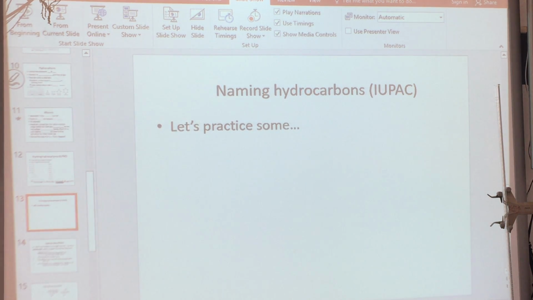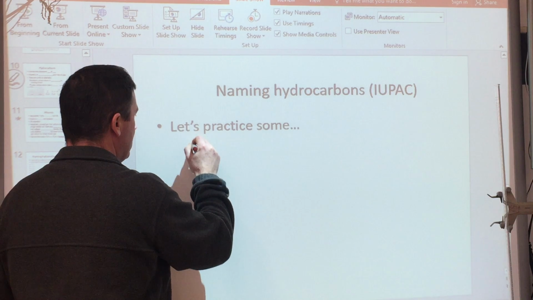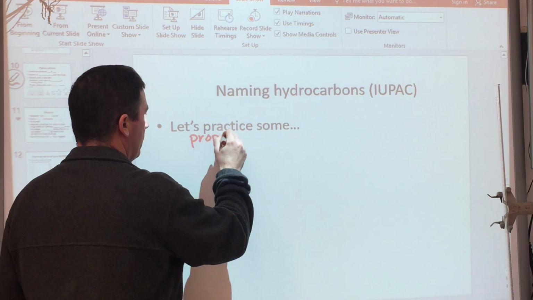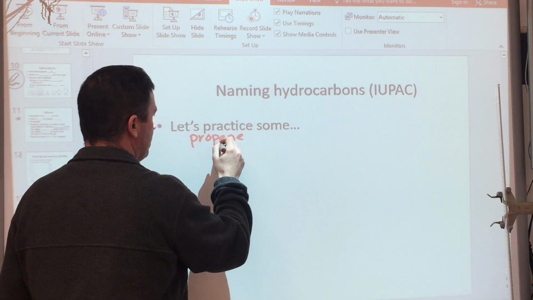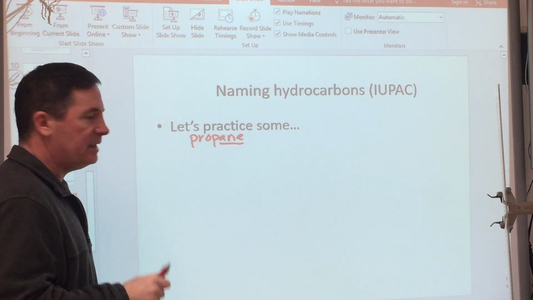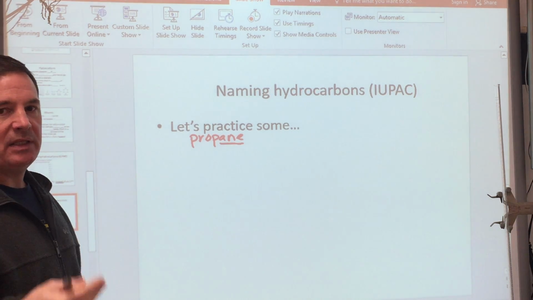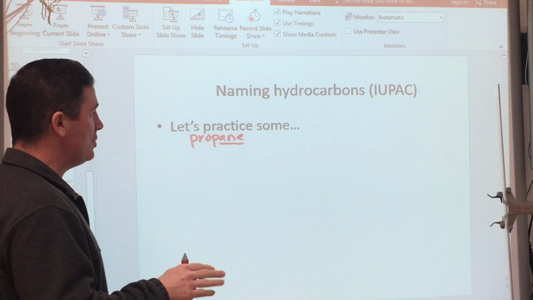Okay, so we're going to start with alkanes because those are the easiest ones. And let's build. So let's start with propane. The ane indicates that it is an alkane, and alkanes have carbons that are completely saturated with hydrogens.